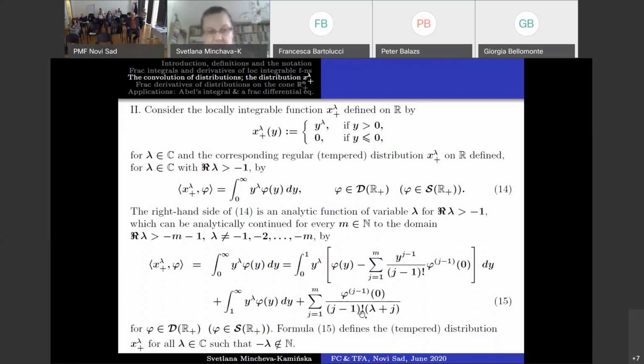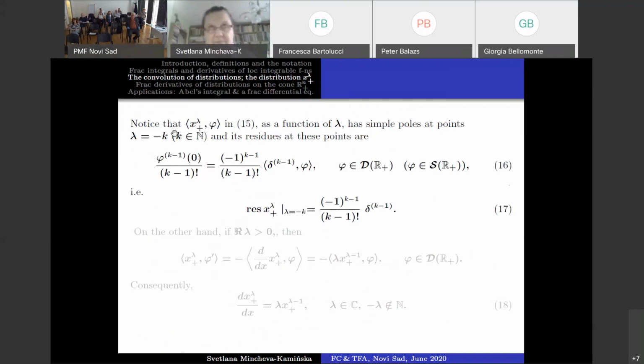It is important for us that this formula, considered like a function of lambda, is an analytic function which is meromorphic, which has a simple pole in points lambda equal to -k, and its residues at these points are equal just to the derivative of delta measure of order k-1.